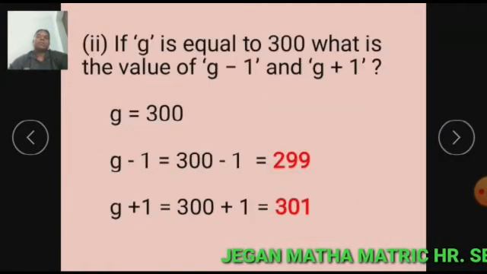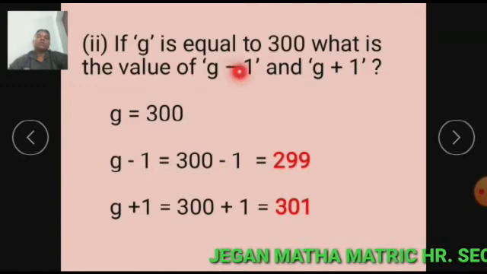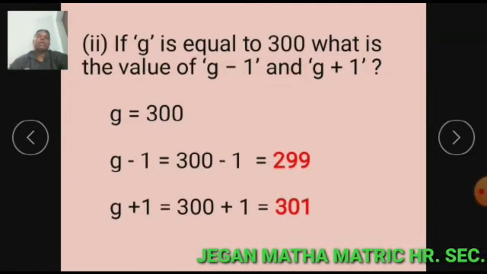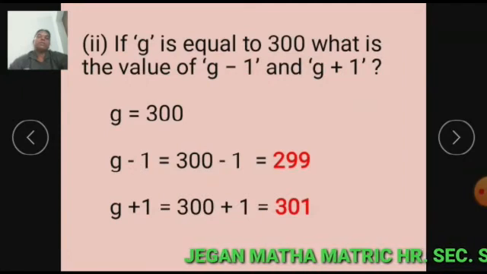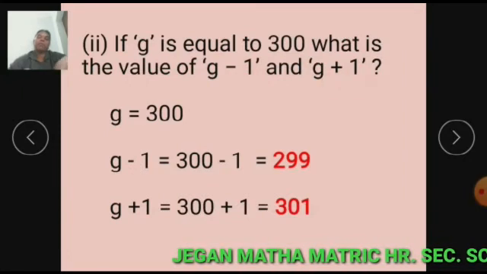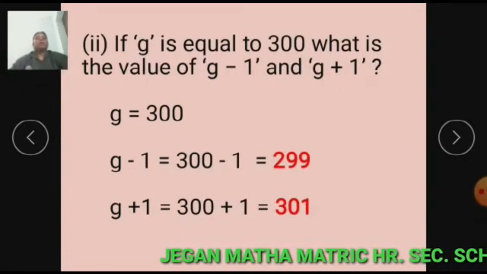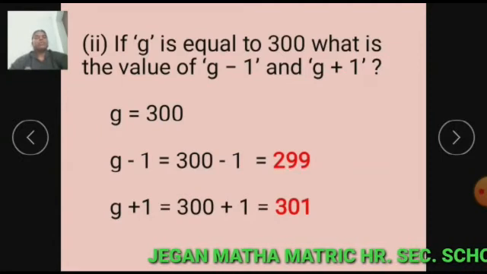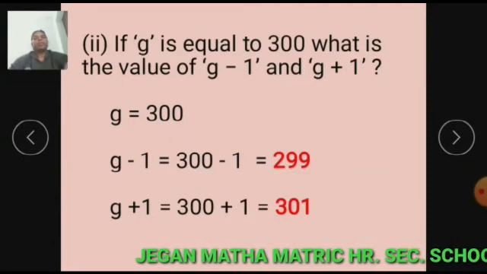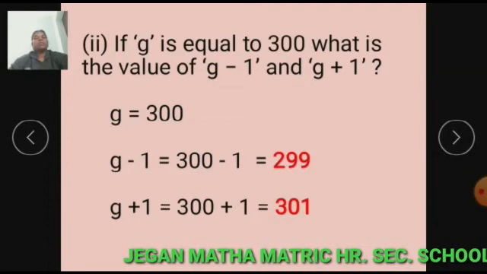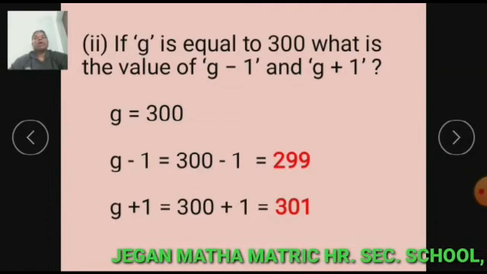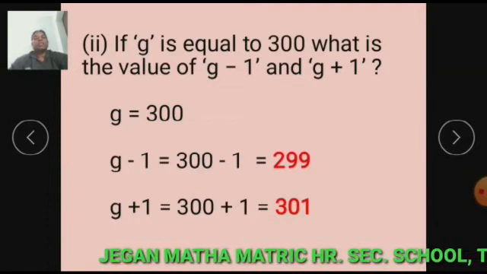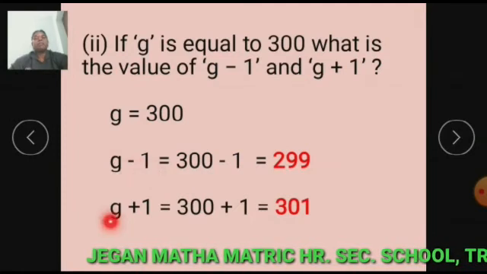Second subdivision. If g is equal to 300, what is the value of g minus 1 and g plus 1? The g value equals 300. The algebraic expressions given in the sum are g minus 1 and g plus 1.